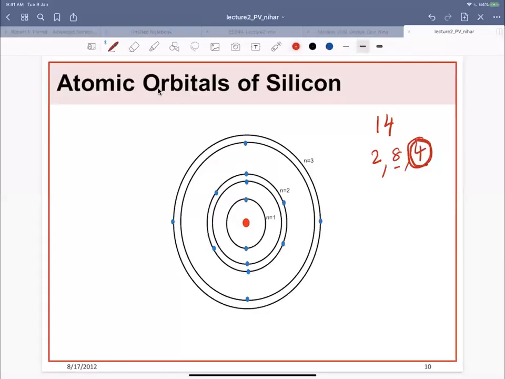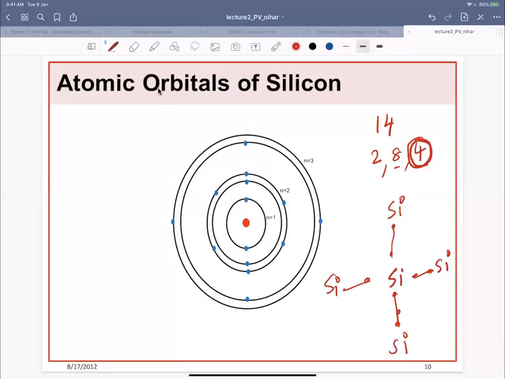So these 4 valence electrons bond with 4 different silicons. These valence electrons are responsible for this covalent bonding.